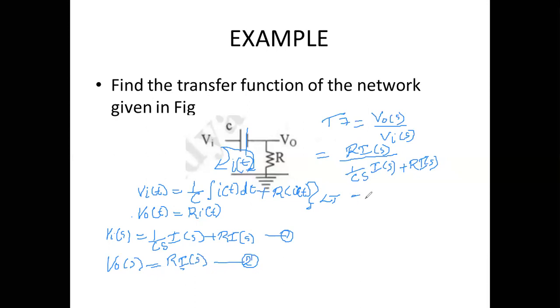Therefore, we can write this as R divided by 1 by Cs plus R. If you want, you can simplify it. This is the simple transfer function of the given network. Understood or not? You see the next one.